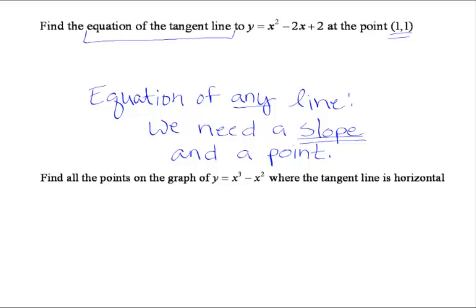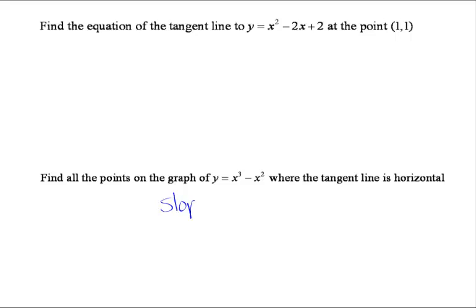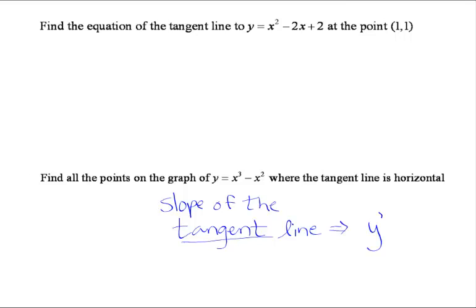Now we know the slope of the tangent line, the derivative. Here they gave you y, so I'm going to give the derivative as y prime. That's how we're going to find our slope.